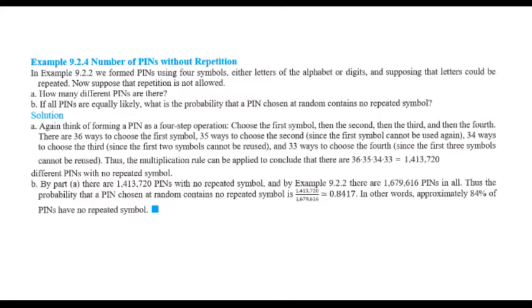So when you divide these two numbers, you get 0.84 approximately. So the chance of having a pin with no repeated symbol is 84%.